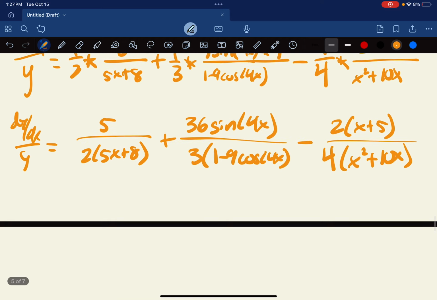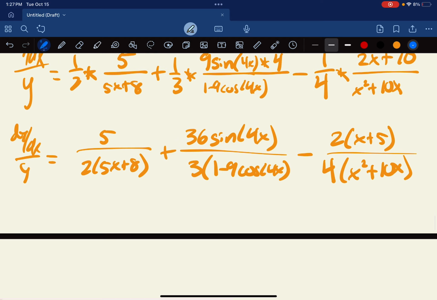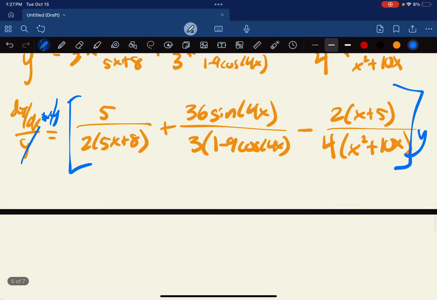So then now we can say, all right, multiply both sides by y. These two cancel out, so we're just multiplying the right side by y.